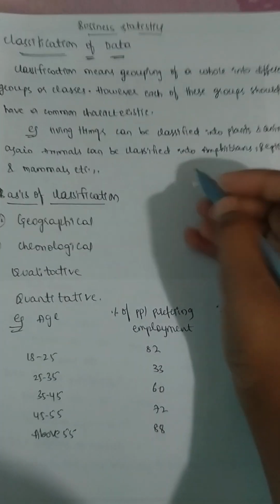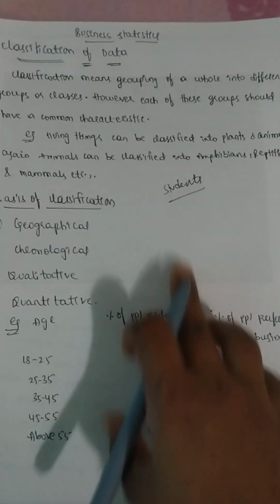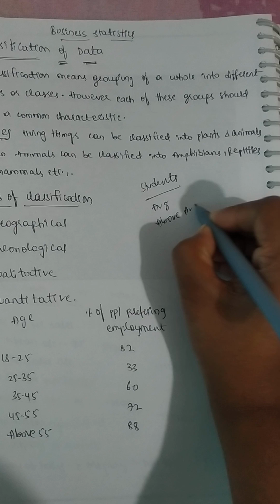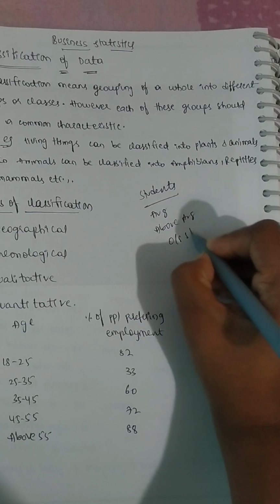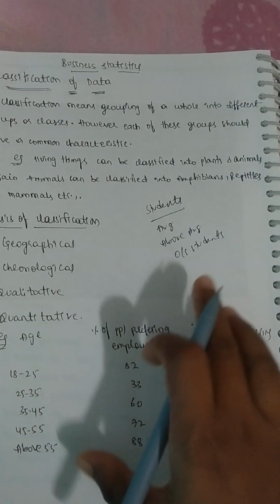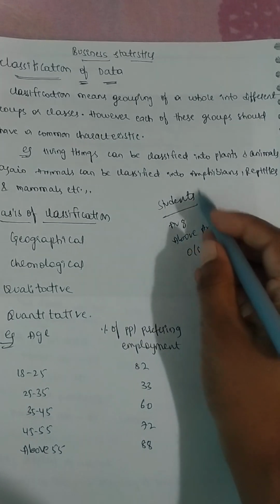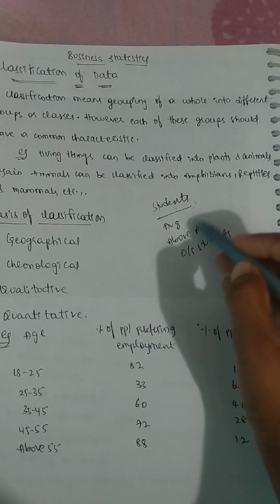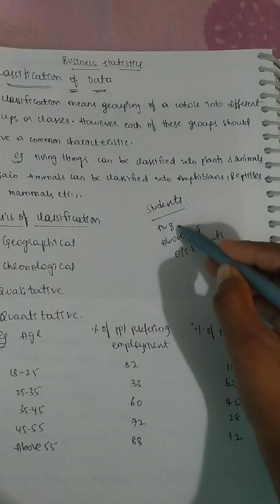If you take the example of a class of students, in the class you will be having average students, above average students, and next you'll be having outstanding students. In that way the students will be there in a class. We are going to classify the students according to their performance.